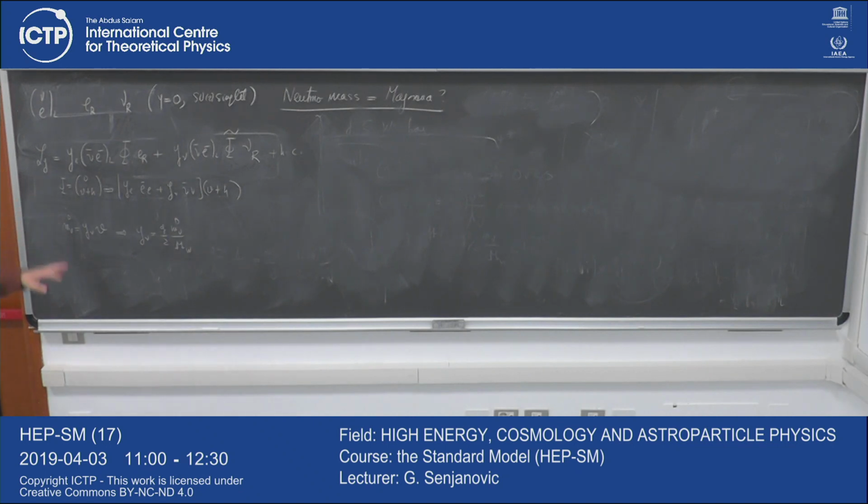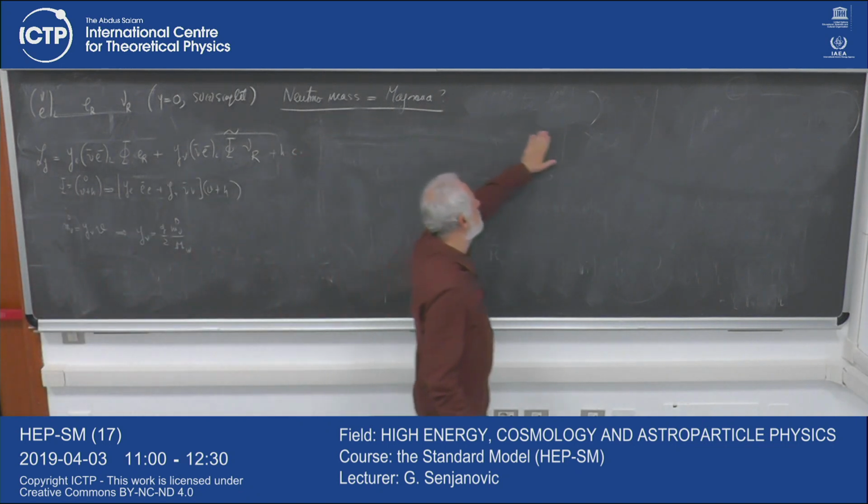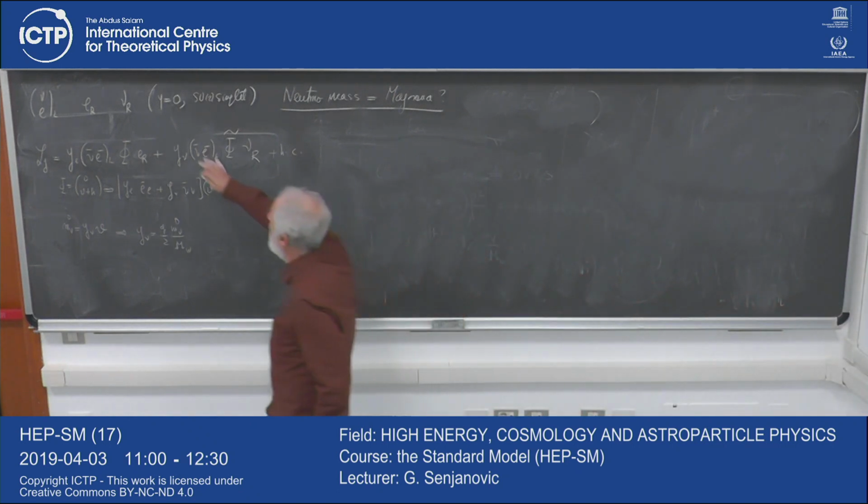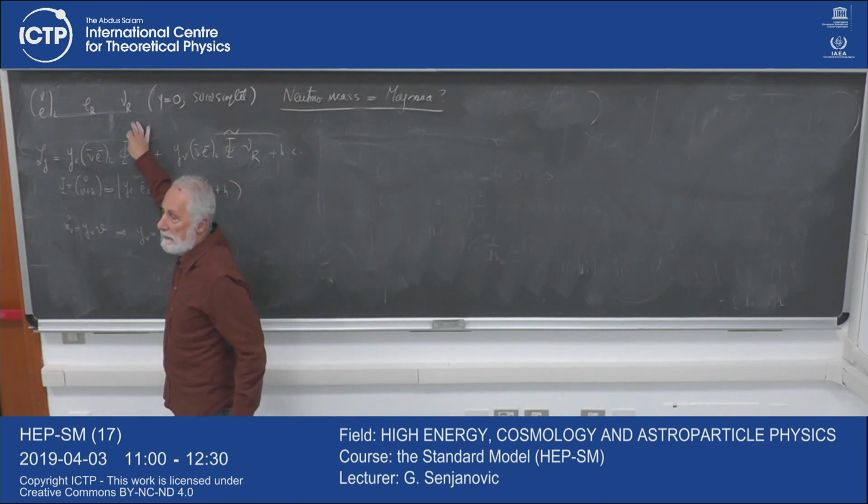There is something missing here. No, not gauge, because nu R has no gauge interactions. I didn't even want to write it, but the guy, he's a phantom particle, doesn't exist.